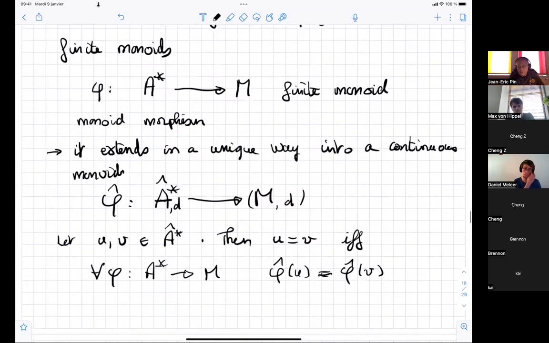If you know the image on every finite monoid for every morphism, if you know these values, phi of U, you are done. This value phi hat of U.